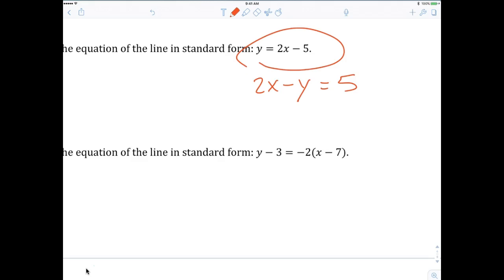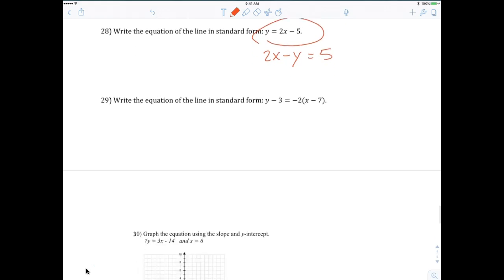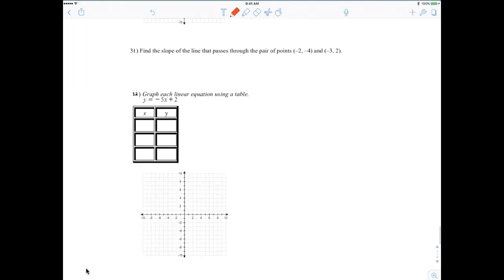It's just a matter of the x and y. Which one? That was question 28. That's why. All right. Here we go. 30.